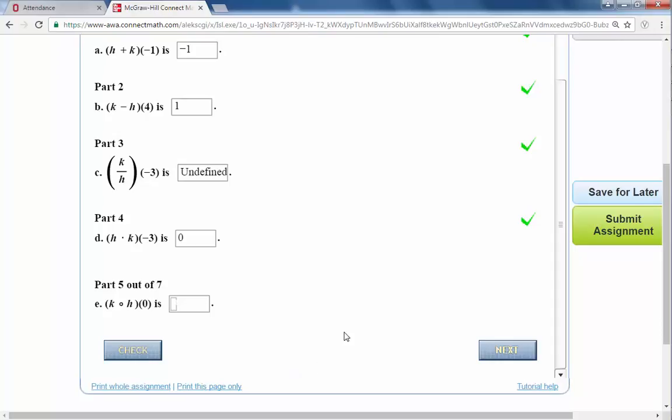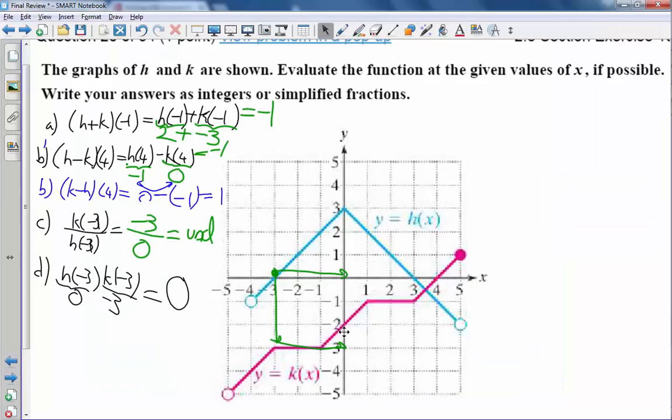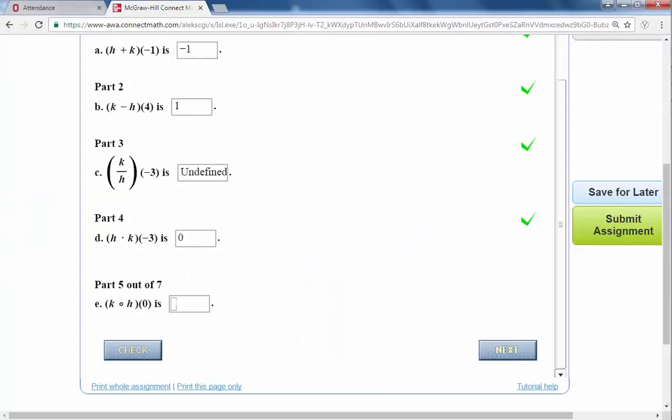These are the challenging ones for you guys, right? Do you remember how you do this? K circle H of 0. I just flipped the notation to this one. They are the same, look.